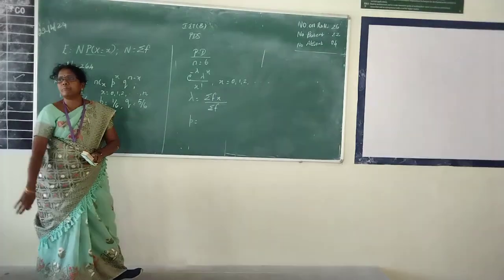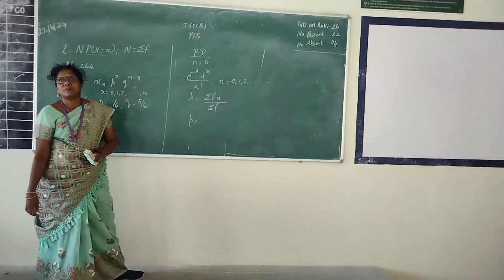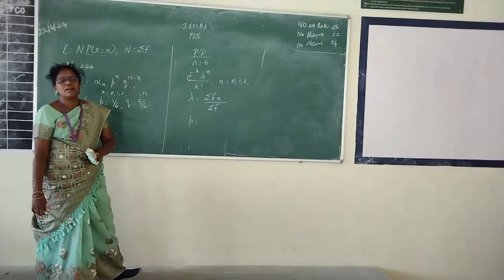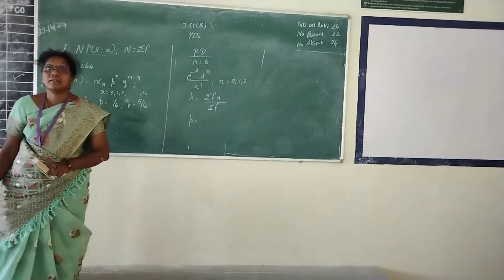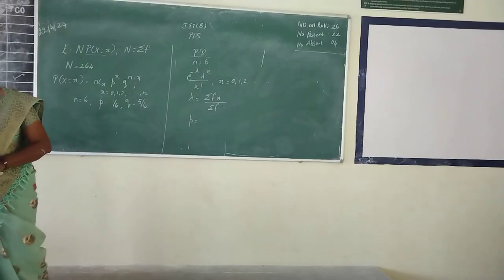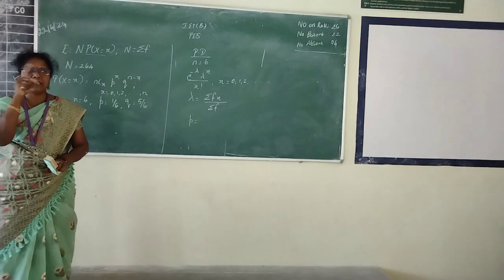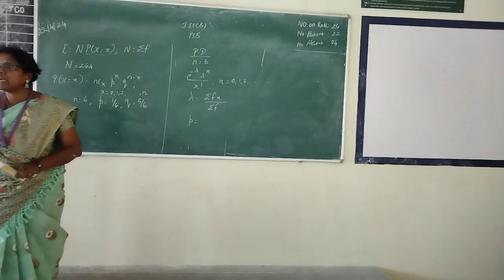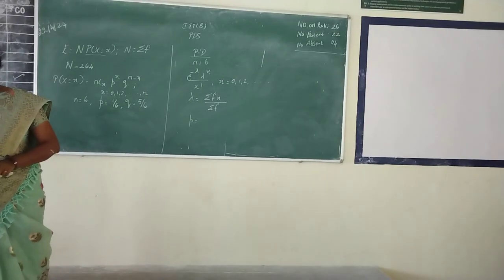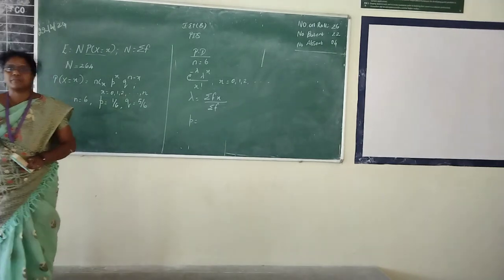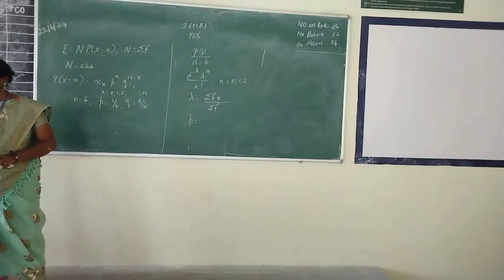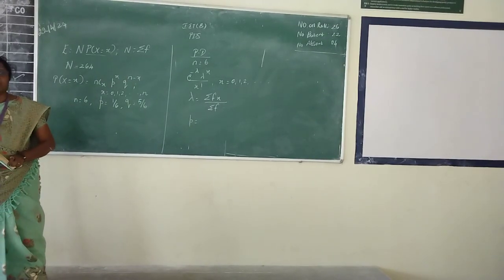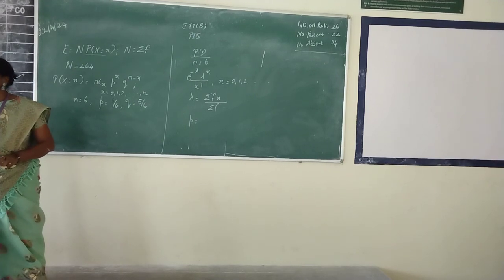How do you get 1 by 2 or any other value? Total possibilities are 6. Out of that, either you are going to get 5 or you are going to get 6. Either-or means addition or multiplication? Addition. So this is the same as getting a number 5 plus getting a number 6.